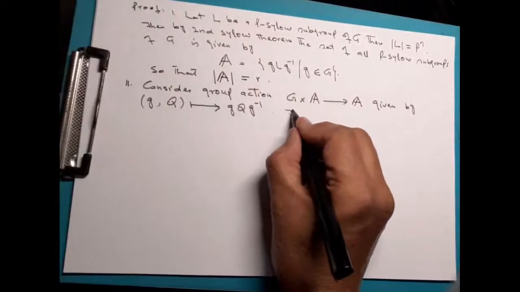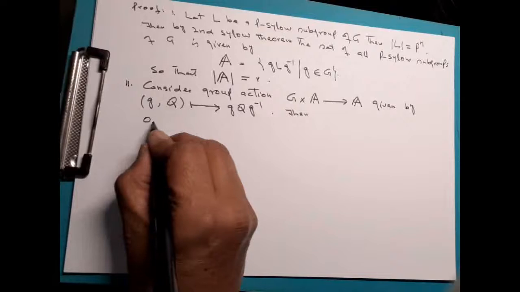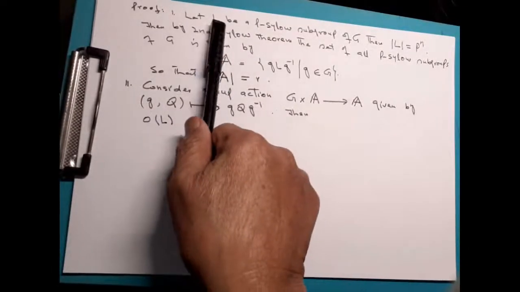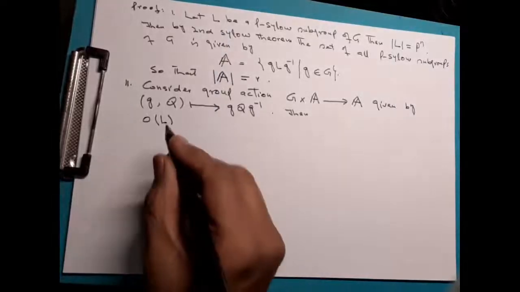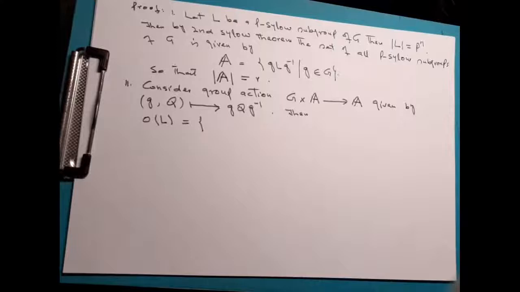Then the orbit of L under this group action. L is that p-Sylow subgroup we started with. So the orbit of L is equal to, we know what orbit means.